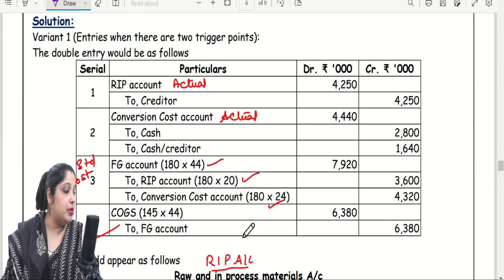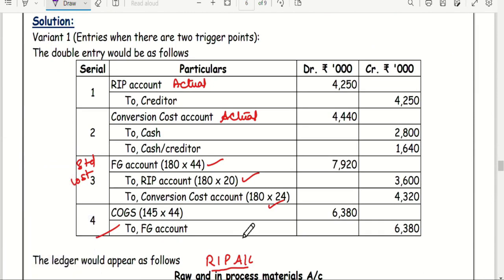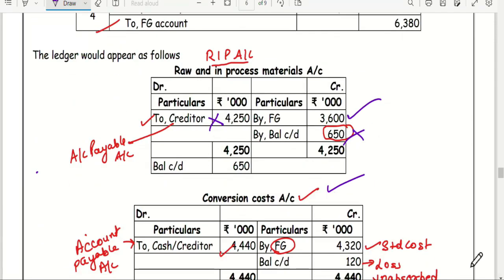So I'm enlarging the screen. Please write down the answer. Pause the screen and write down the answer. I'm scrolling the page. Pause the screen and write it down. These are the ledgers. This is variant 1.